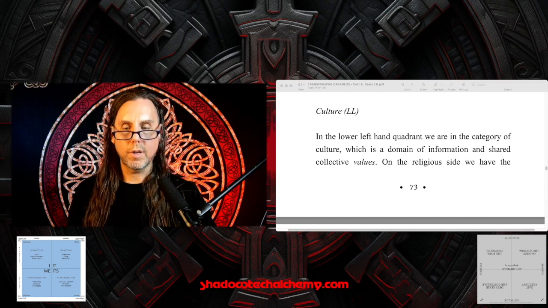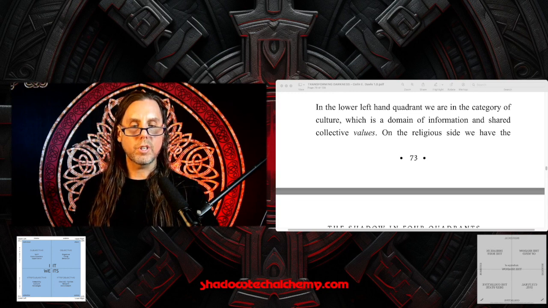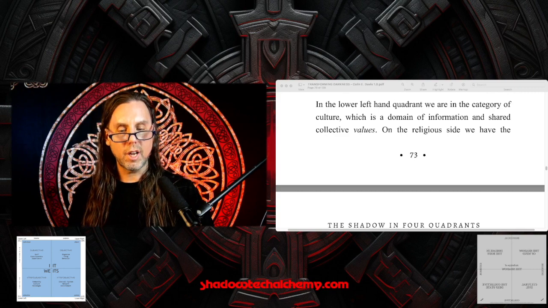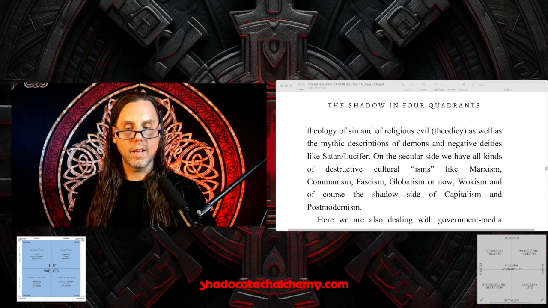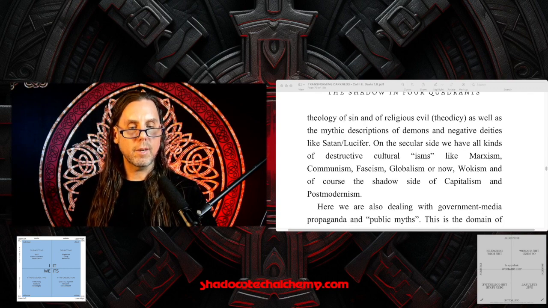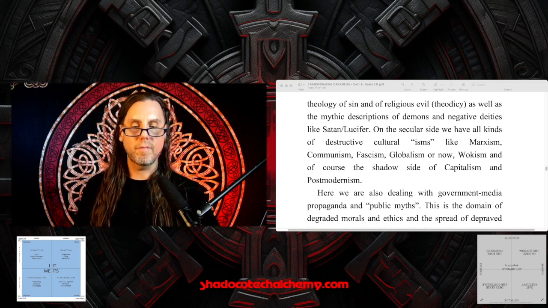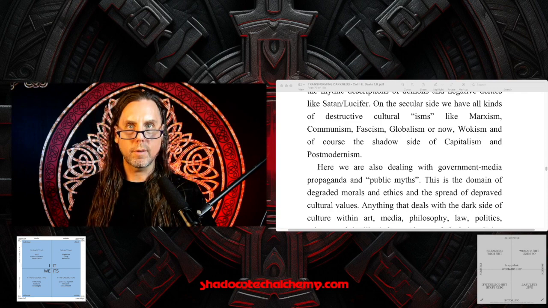Culture, lower left-hand quadrant. In the lower left-hand quadrant, we are in the category of culture, which is a domain of information and shared collective values. On the religious side, we have the theology of sin and of religious evil, theodicy, as well as the mythic descriptions of demons and negative deities like Satan/Lucifer. On the secular side, we have all kinds of destructive cultural isms like Marxism, communism, fascism, globalism, or now wokeism, and of course the shadow side of capitalism and postmodernism.